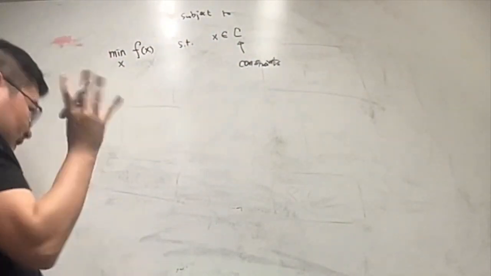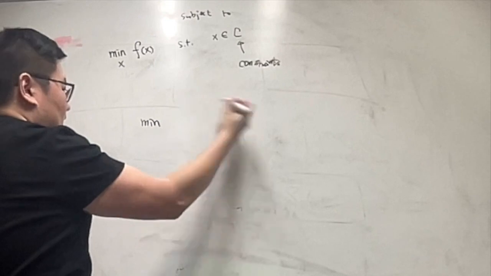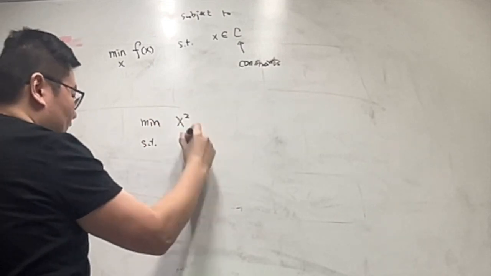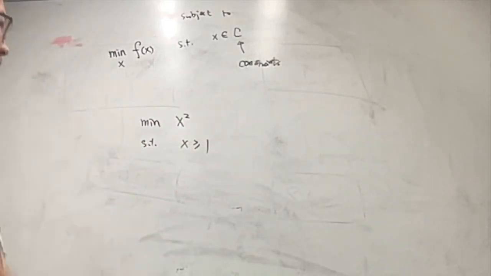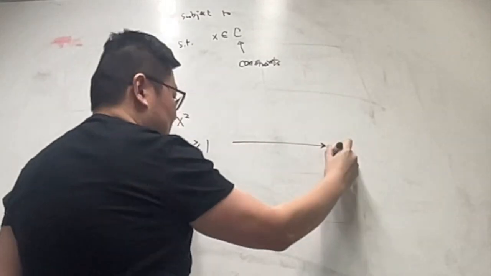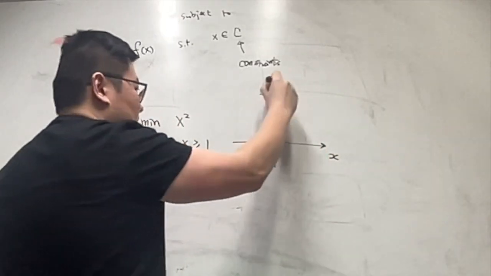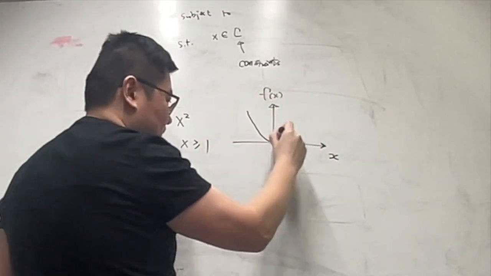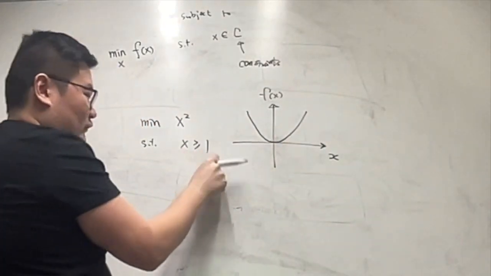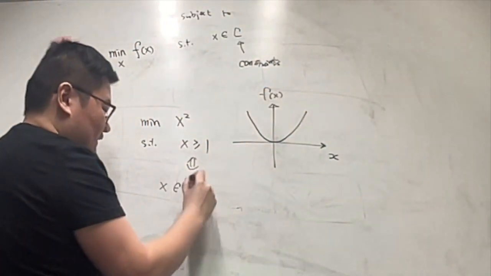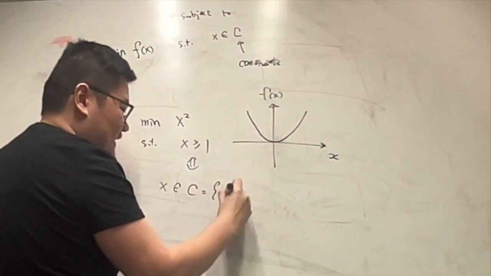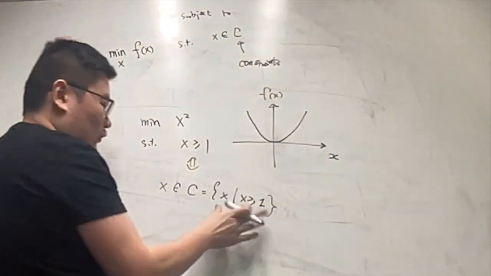So I just give you a very simple example. For example, minimize x squared subject to x larger than or equal to 1. Suppose I have this. So how to solve this? You can draw a figure. So this is x. What is this? This is f(x). What is x squared? x squared is something like this. What is x larger than 1? It's the same as x inside a set C. What is this set C? This set C is any x such that x is larger than 1. What is this in the figure?